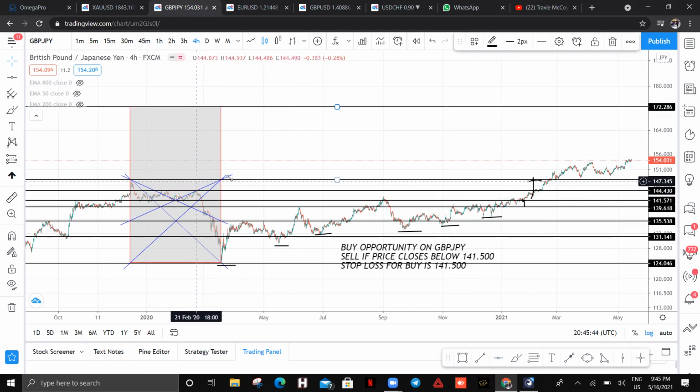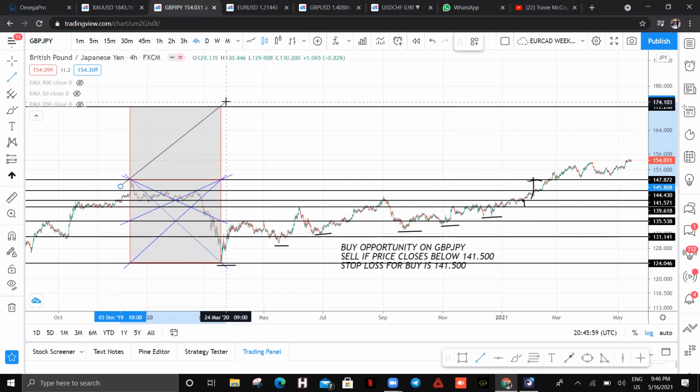Now, this resistance here is now the new support. So I'm going to pick my trend line and draw this.